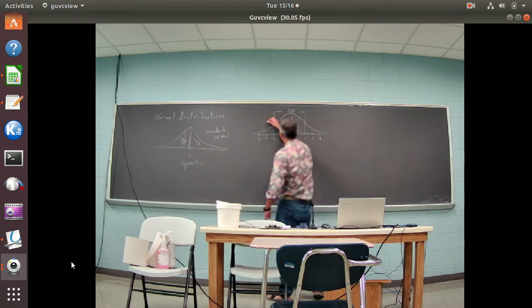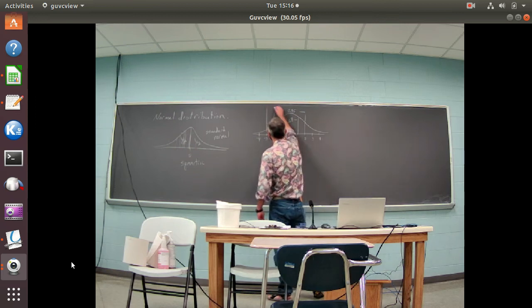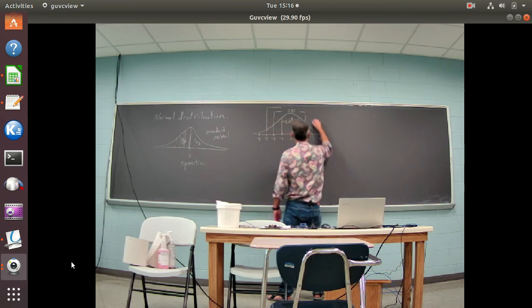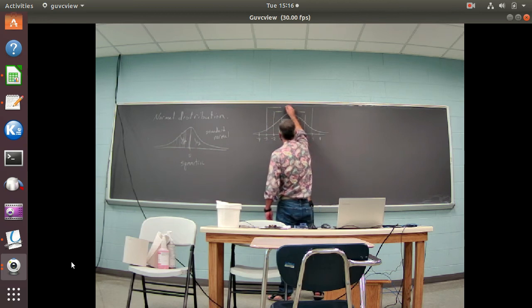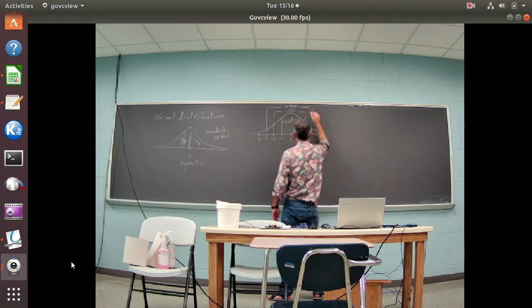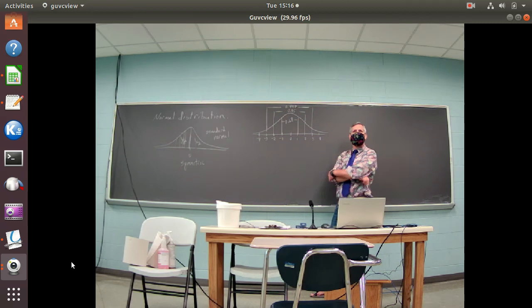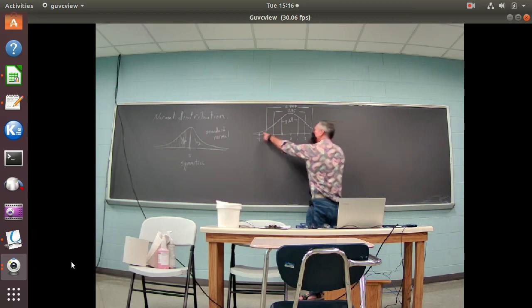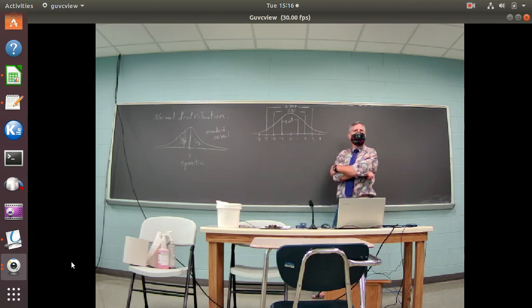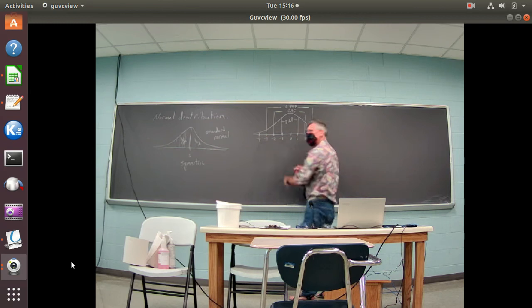And between -3 and 3, we get up to 99.7% or 0.997 in terms of a proportion. 99.7% of the population is in there. I didn't draw it real great because those look bigger than just 0.03. But almost all the population is between here and there.